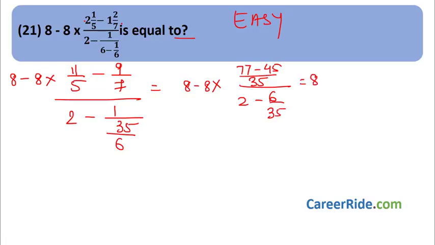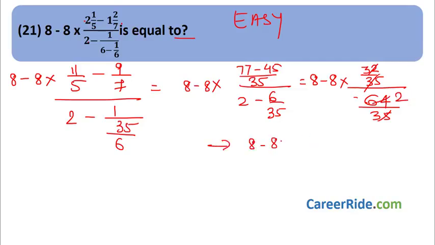What you will get: 8 minus 8 multiplied by 32 upon 35, upon 35 into 2. Here LCM is 35. 35 2s are 70 minus 6 is 64. This 35 gets cancelled. 32 into 2. So you will have over here 8 minus 8 into 1 upon 2. This is 4. Answer is 4.